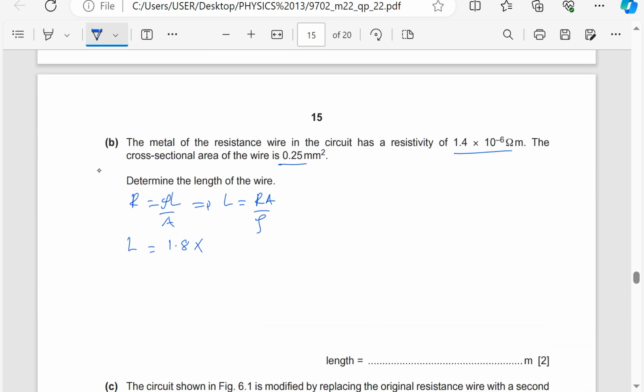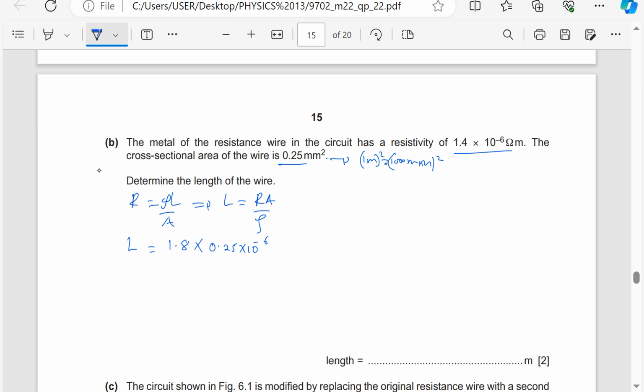1.8. Cross-sectional area: I have to change from millimeters squared to meters squared. Because 1 meter is 1,000 millimeters, I'll multiply it by 10 to the power of minus 6. So this will be 0.25 times 10 to the power of minus 6. Remember, I have to square both sides, that's why it is power minus 6.